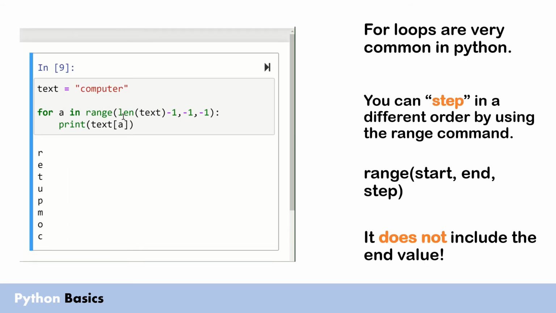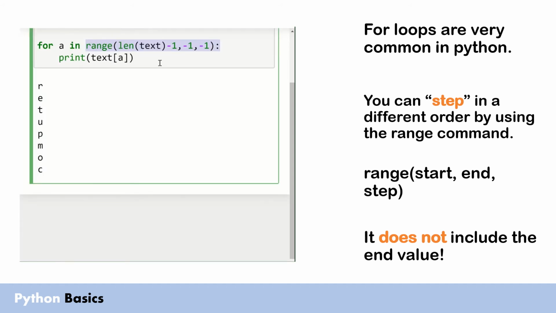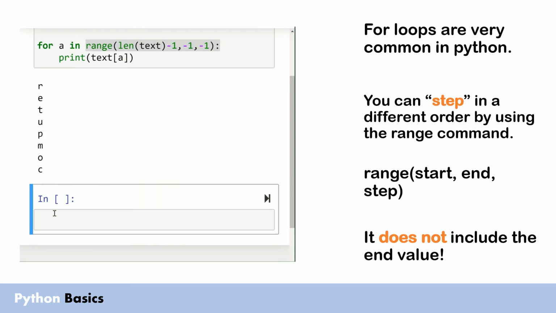Here I've got a for loop which is printing out the letters backwards. Now it looks very different to the last for loop we looked at, and the key difference is I'm using this command called range. What range does is it allows me to create a range of values, a range of numbers, which I can then iterate over. So let's see how this range command works. I'm going to create a second loop.